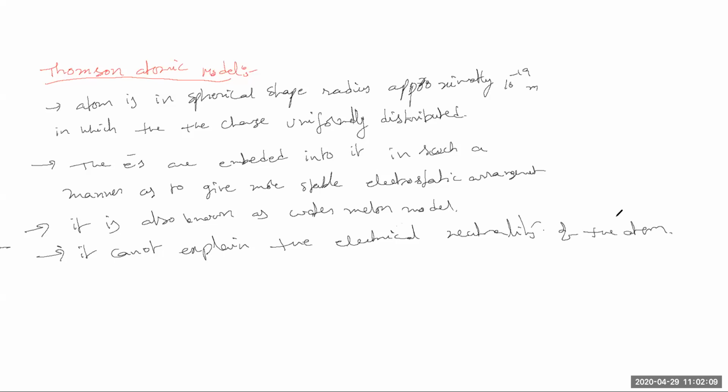Of course, this model is also called a plum pudding or raisin pudding model of atom. This is also known as plum pudding model.